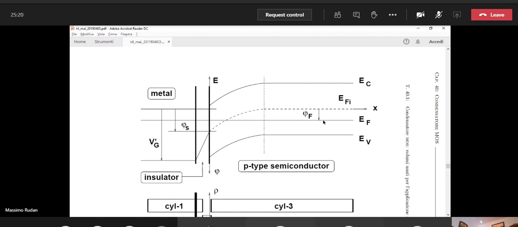So as usual, in this figure, we take the orientation of the energy axis bottom up. So you see here that the energy axis points upwards. So in this figure, the electric potential has the axis that points downward. Okay, so it grows when we go lower in the figure.